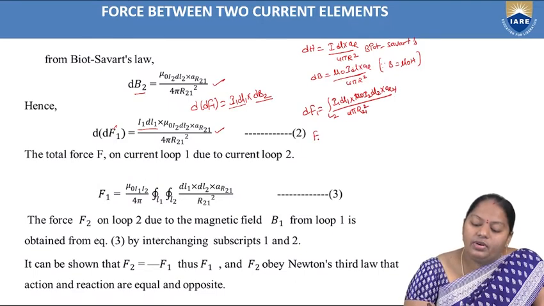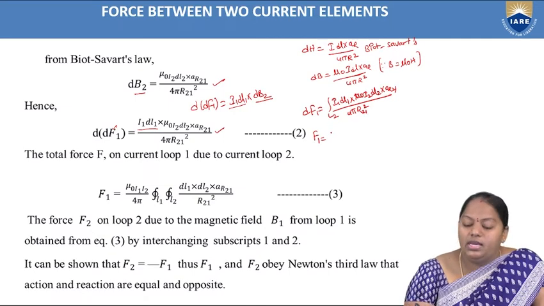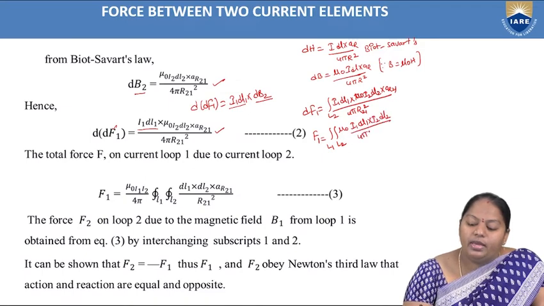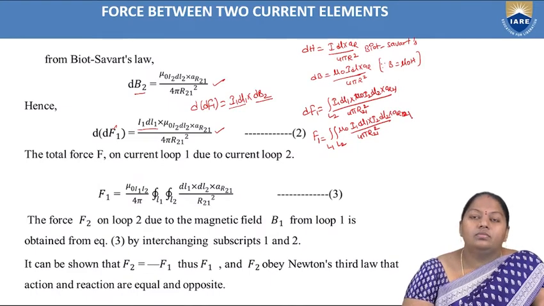Then again, if you want to find F1, we need to apply integration again, hence a double integral over L1 and L2 of μ0 I1 dl1 into I2 dl2 by 4π R21 squared into aR21, right?